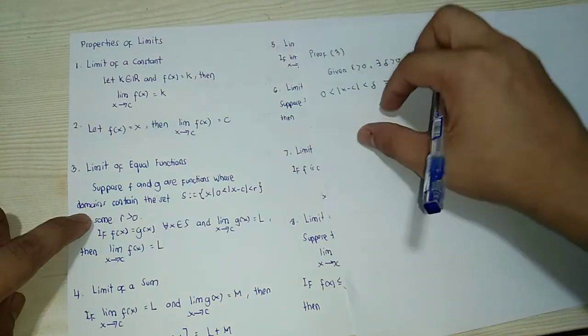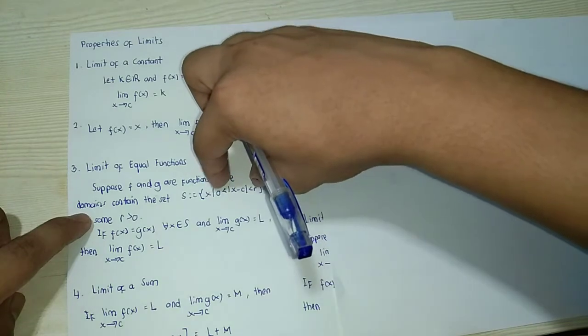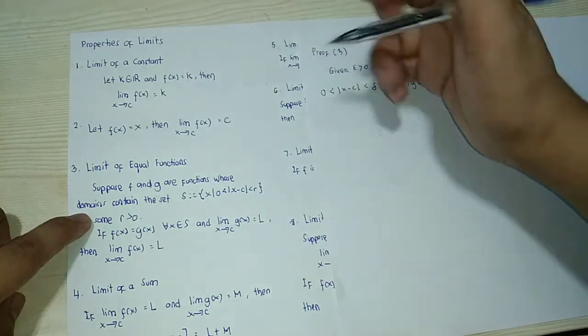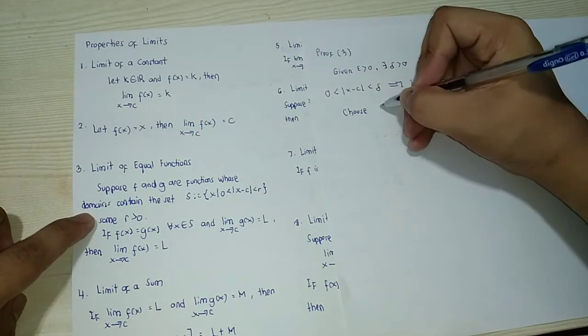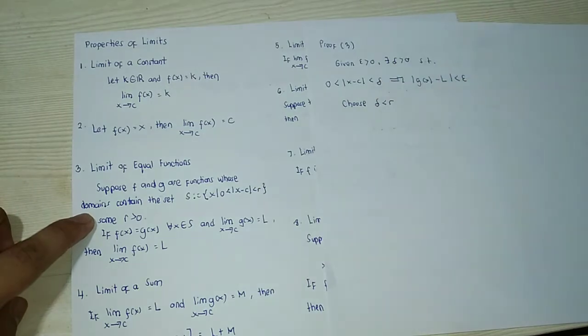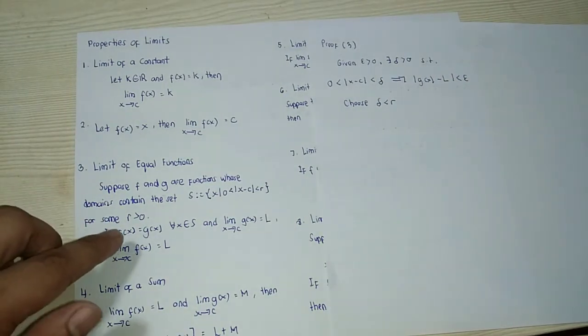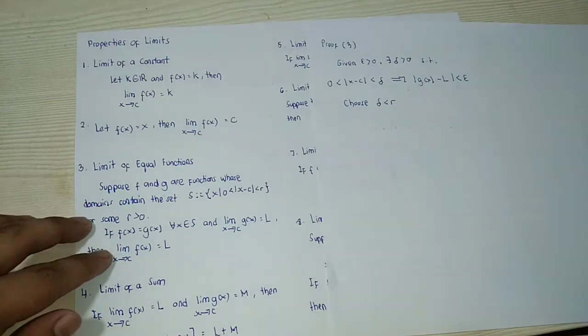So i-let natin yung delta to be less than r, somewhere between 0 and r. Okay, so let's choose delta be less than r. So bakit natin pinili yung delta to be less than r? Para magamit natin yung equal functions. Okay, so that means f of x is equal to g of x.